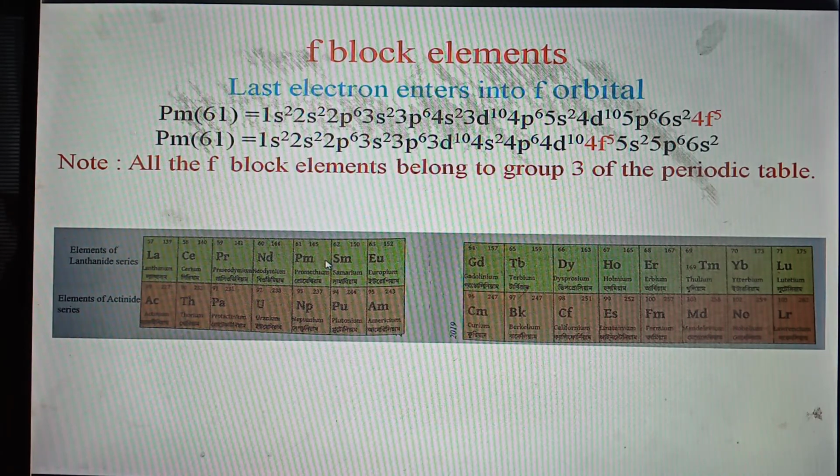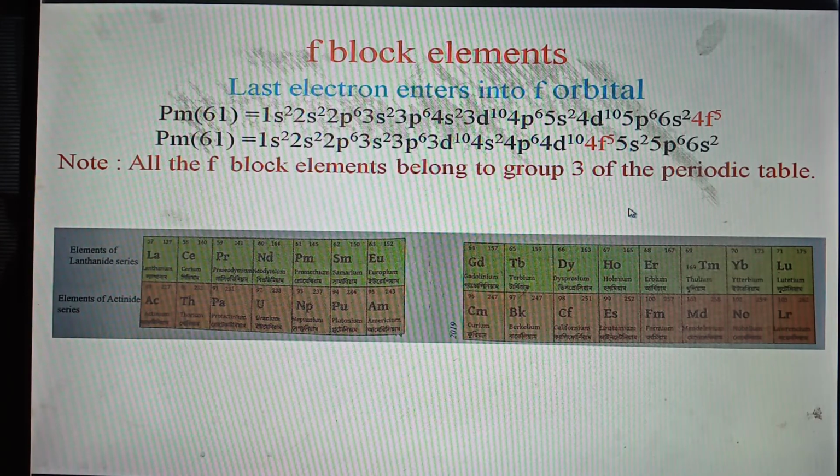In f block elements there are 14 elements in each period. That is, in the 6th period there are 14 f block elements. The 7th period also should contain 14 f block elements, and all the f block elements belong to group 3 of the periodic table.